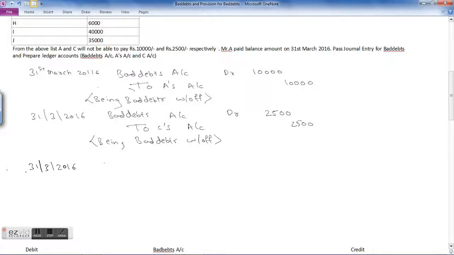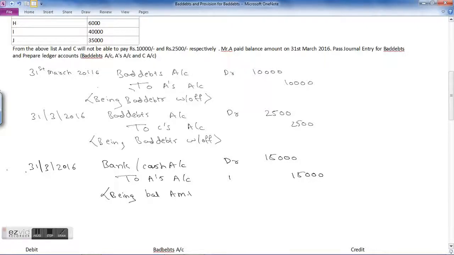He has paid the balance amount, so the entry is bank or cash account debit 15,000 to A's account 15,000, being balance amount paid.